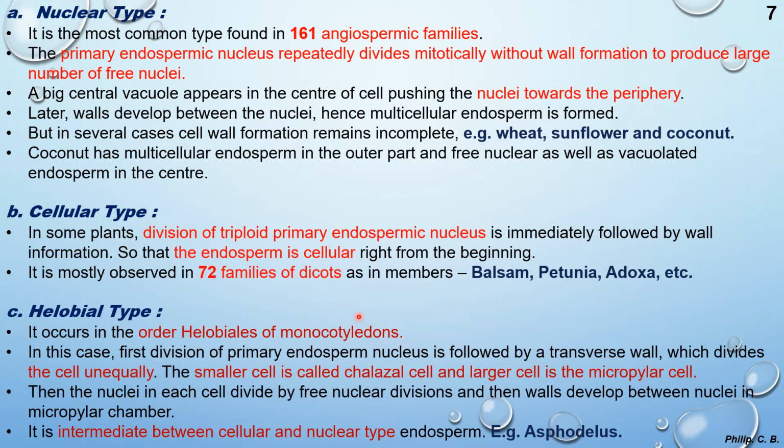Again, the images of these are put in the further steps to understand how the plant looks like and what the family of these dicot members is like. Third, helobial type. It occurs in the order Helobiales of monocotyledons.